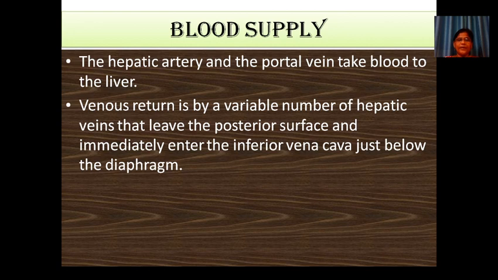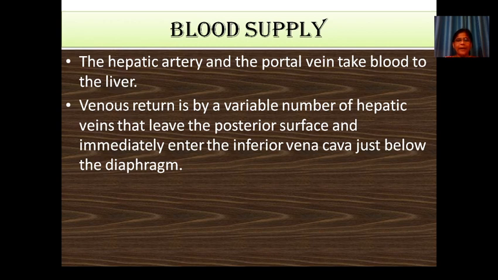Next is the blood supply. The hepatic artery and the portal vein take blood to the liver, and venous return is by a variable number of hepatic veins that leave the posterior surface and immediately enter the inferior vena cava just below the diaphragm.